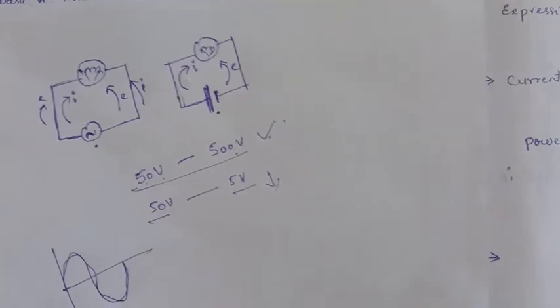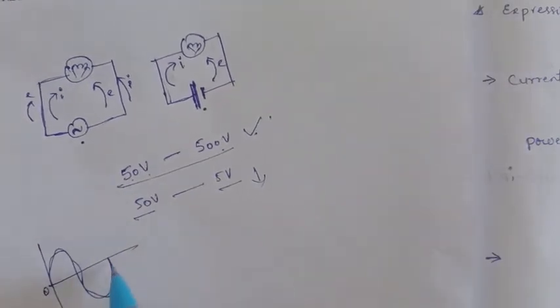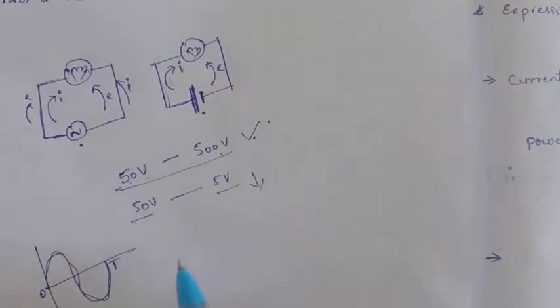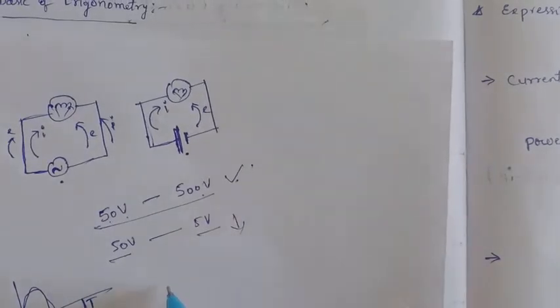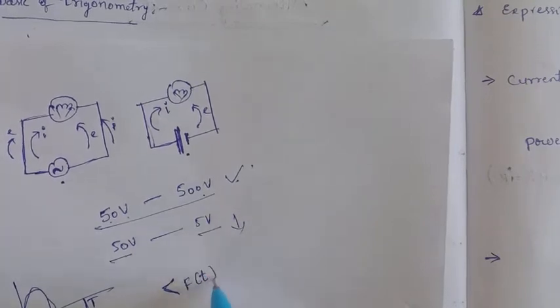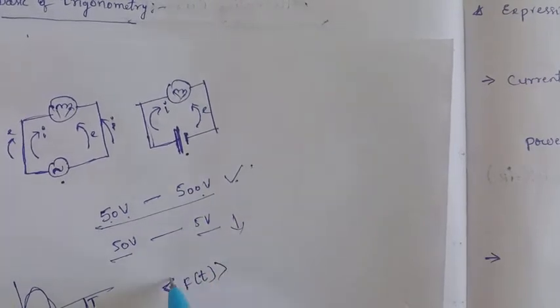For any function within the period 0 to T, the average value for a complete cycle is indicated by the notation for the average function or mean value. The average value of f of t is equal to 1 by T integration from 0 to T of f of t dt.